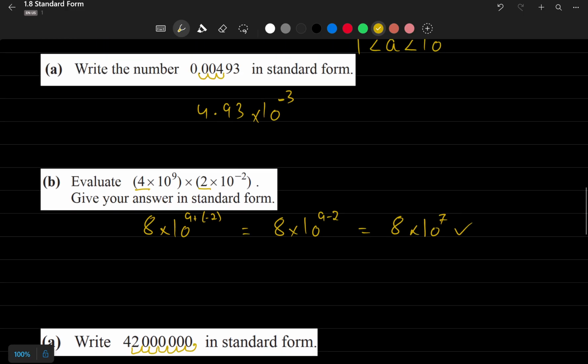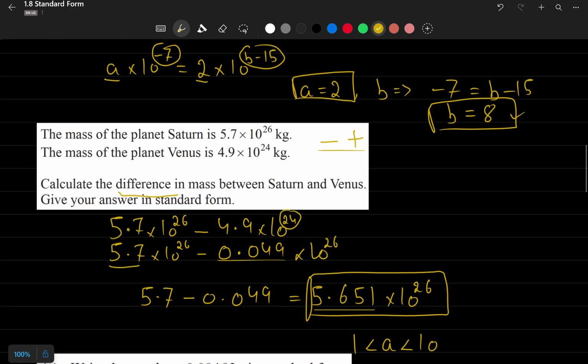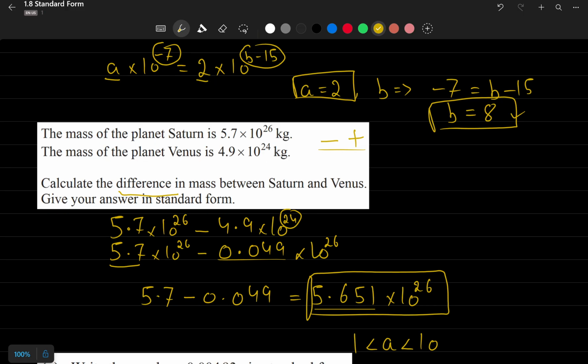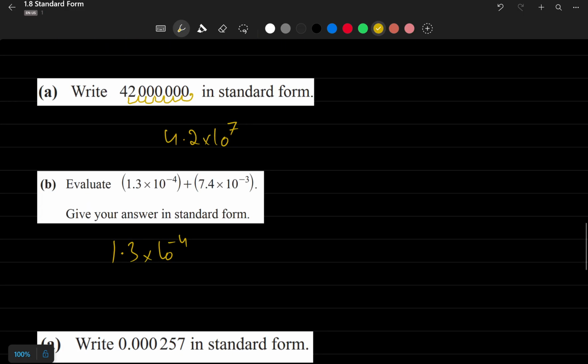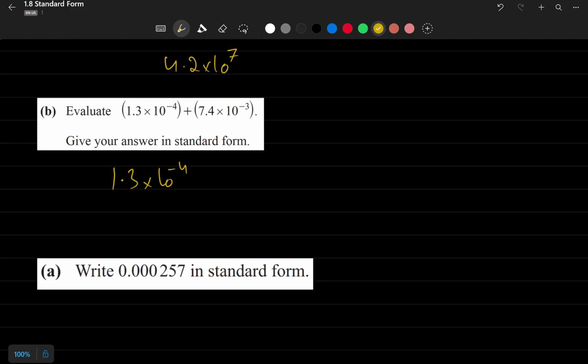In earlier question, we have 26 and we have 24, so we change the lower power, not 26, we change 24. In this case also the powers are negative, so negative 3 is a greater number, negative 4 is a smaller number, so we change negative 4 to the other power, so we will match the powers.